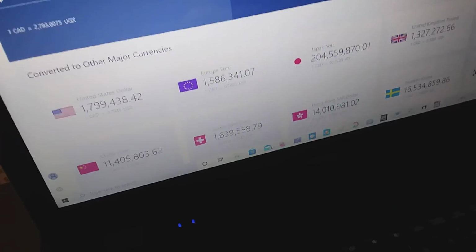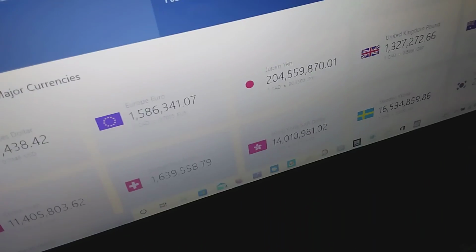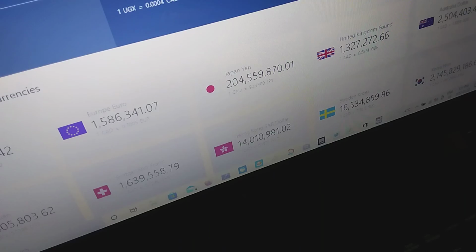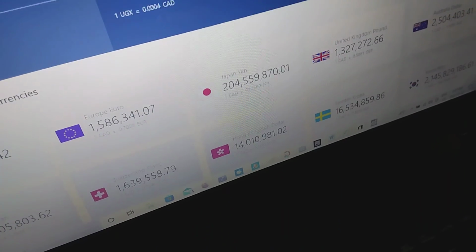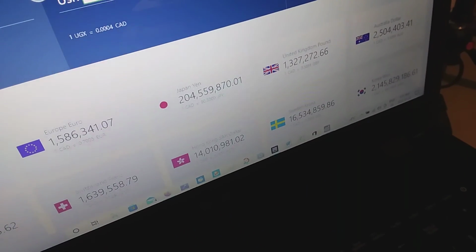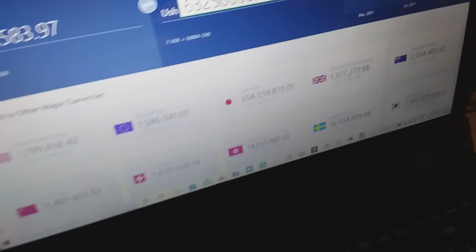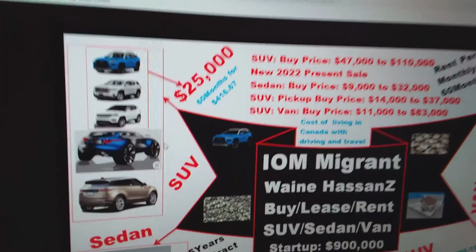And then to USA dollars, euro, Japan, UK pound, and Australian dollars. Now let's get back to the vehicles.